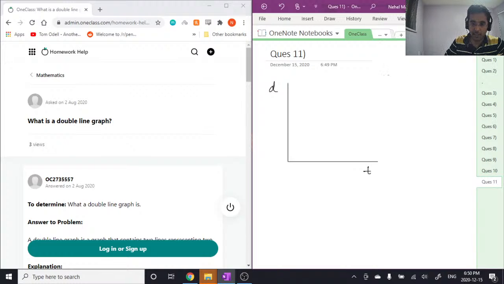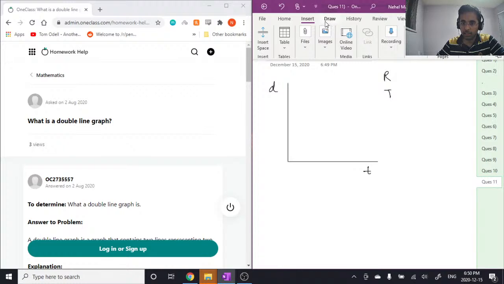Let's say I have a rabbit and a tortoise, which is a pretty general story which everyone's aware of. So for the rabbit R and the tortoise T, they would have a certain plot. The distance traveled by the rabbit and the tortoise per unit time will be different. If I plot them on the same plot, we get a double line graph.